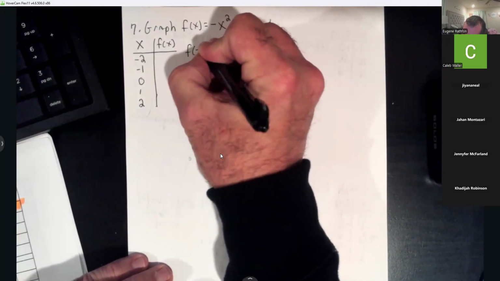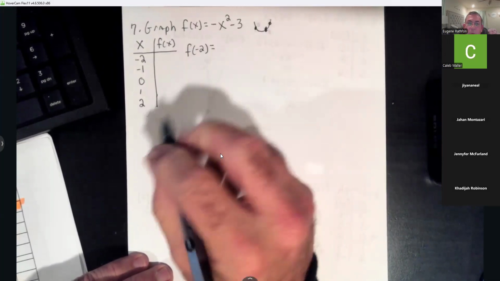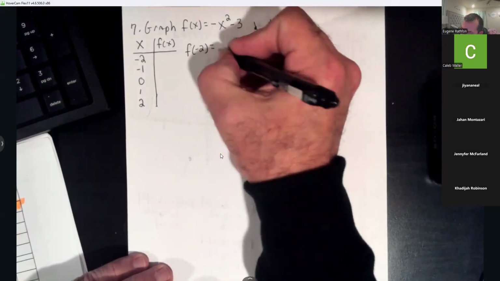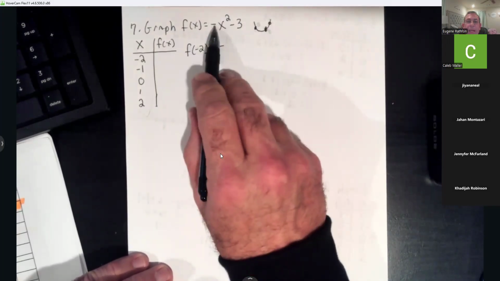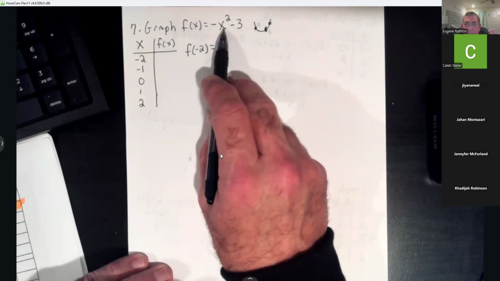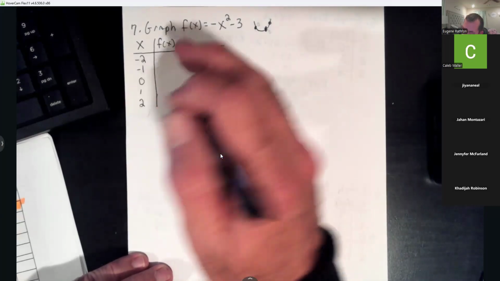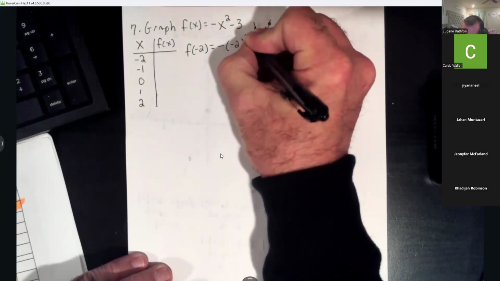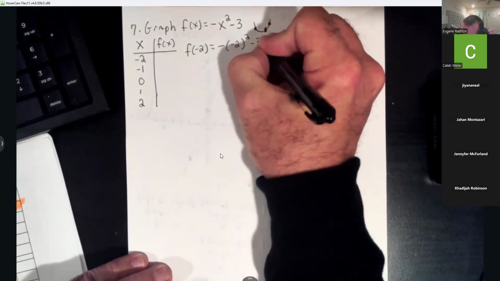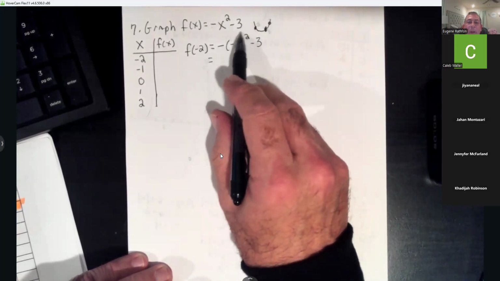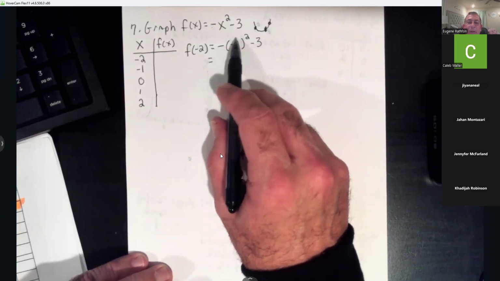Now, y'all be careful on this. So, watch what I'm doing. First of all, I'm going to bring that negative down. That negative is in the formula here, or the function. Then I got x². So now I'm going to put in this -2. I'm going to square that, and then -3. All right, this exponent only affects this -2 here.